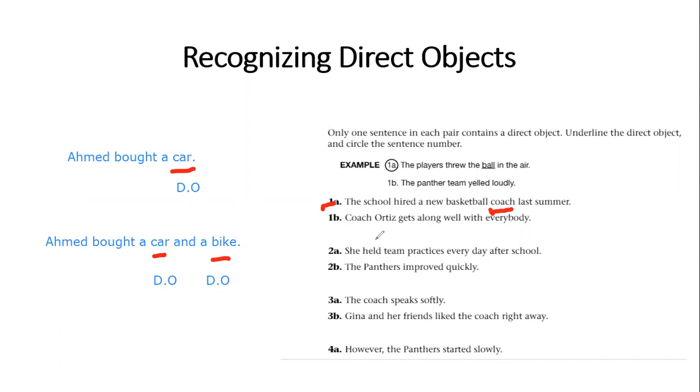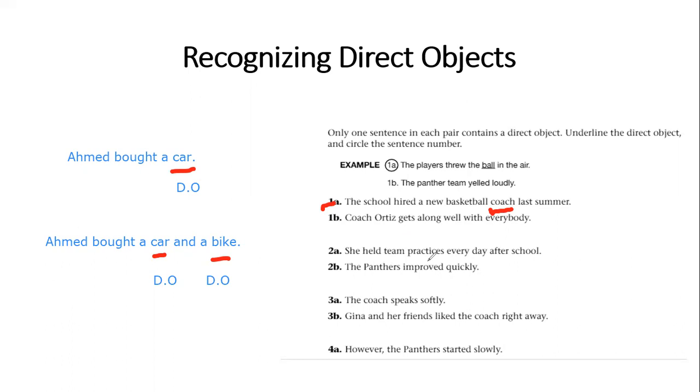Good. The second couple. She held team practices every day after school. She held what? The practices.